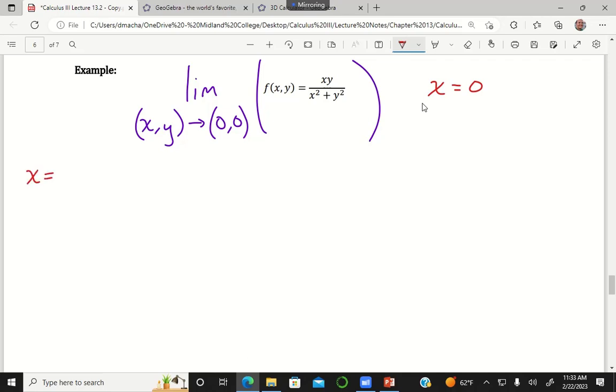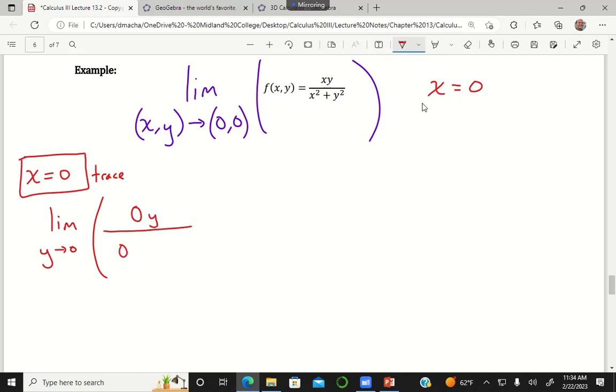So for x equals 0, this trace is going to give me the limit as y approaches 0 of 0 times y divided by 0 squared plus y squared.